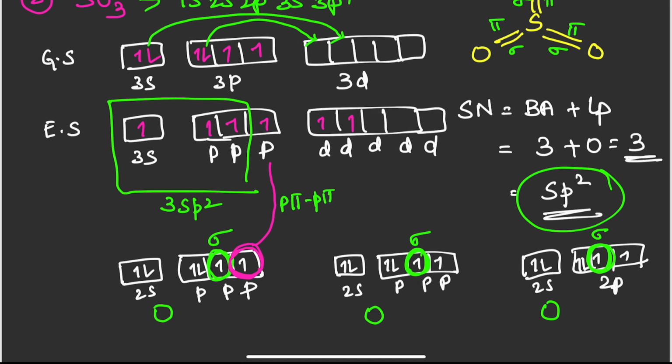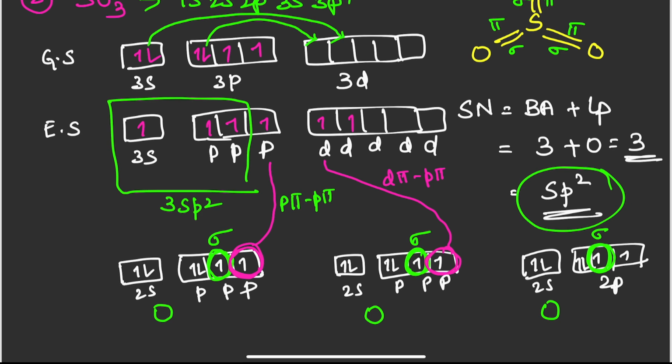Next we will see the second oxygen. In the second oxygen, the electron from here will combine with this. Can you see here? A p orbital and a d orbital are involved in the formation of a pi bond. So now you can write this as d pi p pi bond.